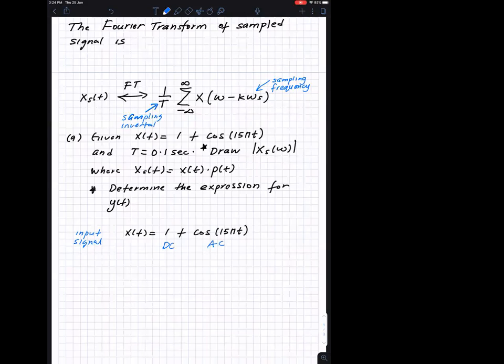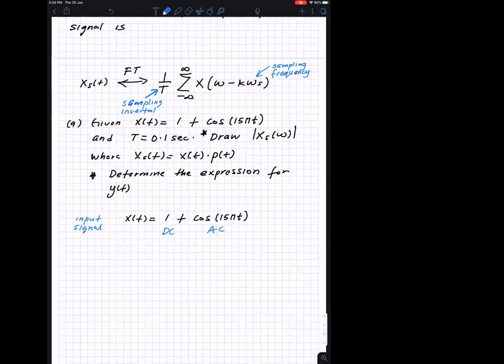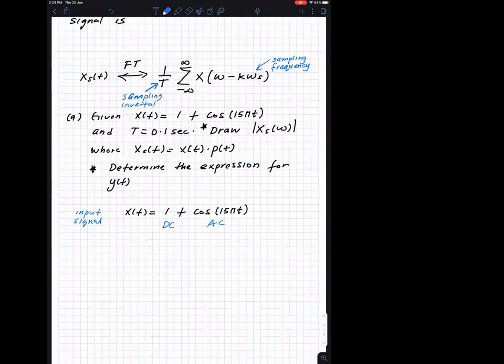Okay, to be able to solve this problem, we have to transform the input signal, which is given in time domain, to frequency domain. So what do you do when you want to transform the time domain signal to frequency domain? What do you do, G?